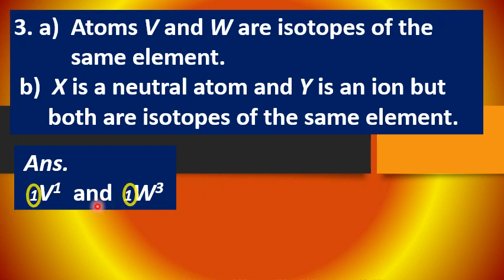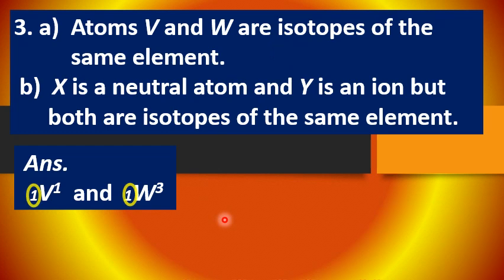That means each atom has one proton. And also based on the table earlier, these two atoms are considered neutral because the number of electrons is just the same as the number of protons. So because the atomic numbers of these two atoms are the same, that means statement letter A is considered true.